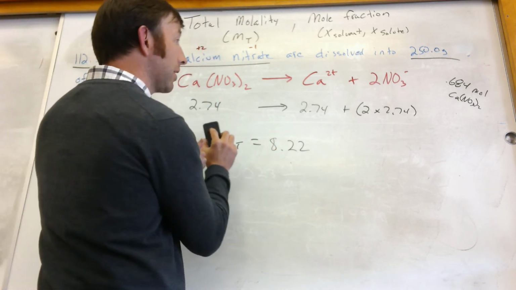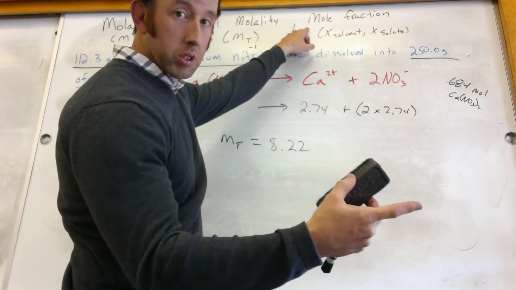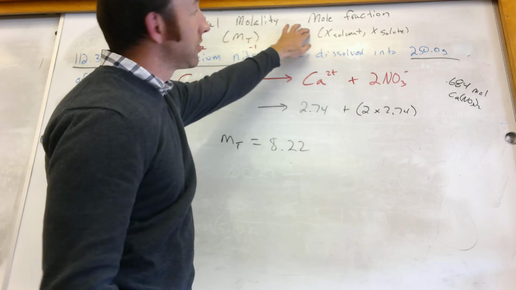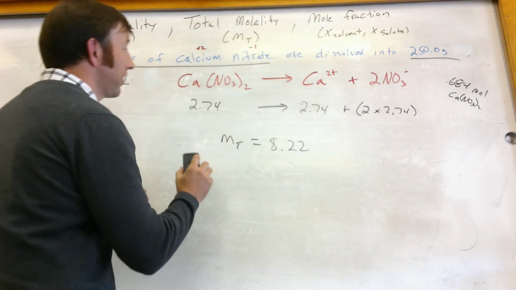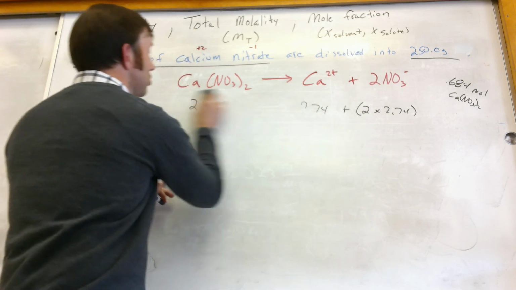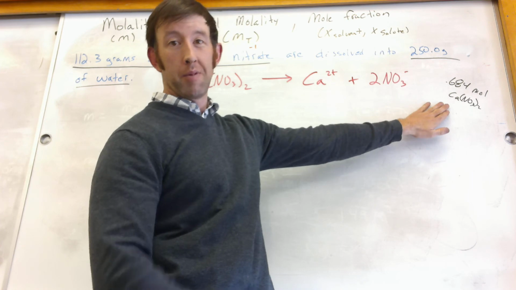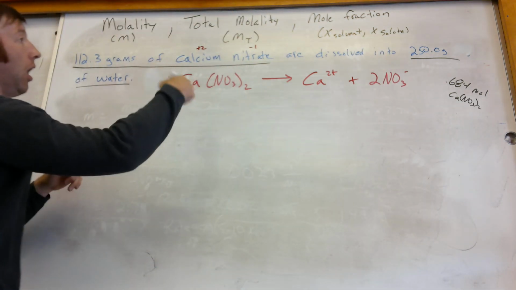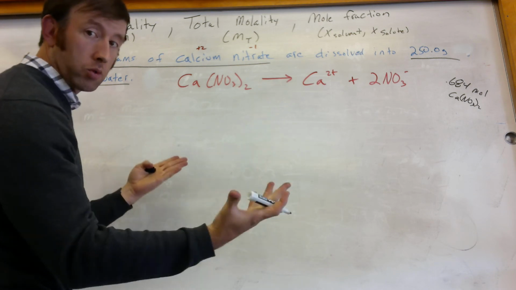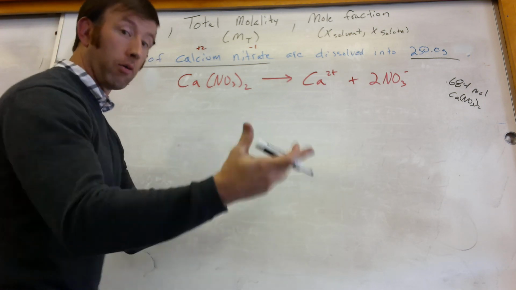Last thing we'll now figure out is our mole fraction. Our mole fraction, by the way, we'll learn this tomorrow, has to do with how it affects the vapor pressure. Mole fraction is a fairly simple thing, and it's also why I kept my moles of calcium nitrate over there. Typically we're trying to find out how the vapor pressure of water changes, so we're going to know the mole fraction of water.